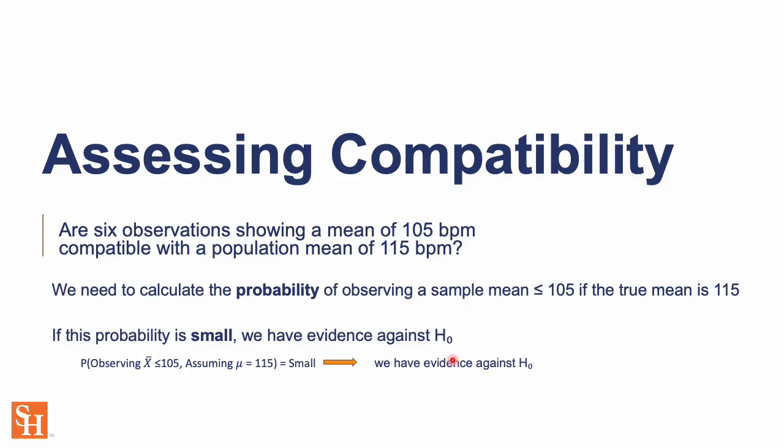That means we have evidence against the null hypothesis, because here we are assuming mu equal to 115, which is our null hypothesis, right? So that was our null hypothesis.